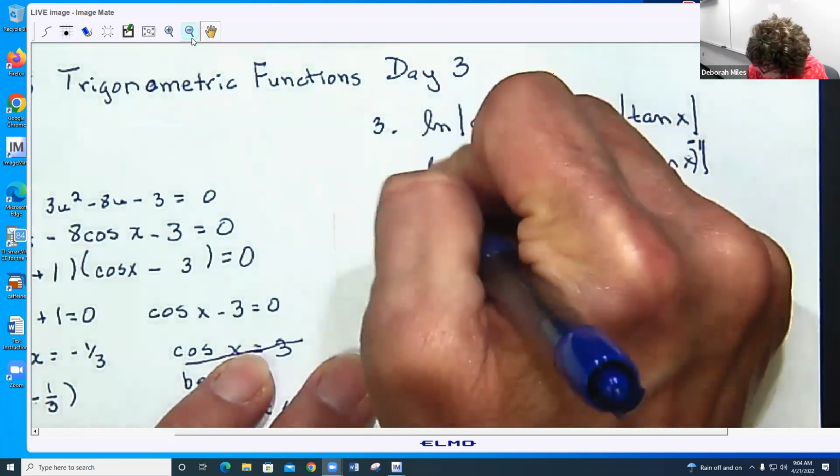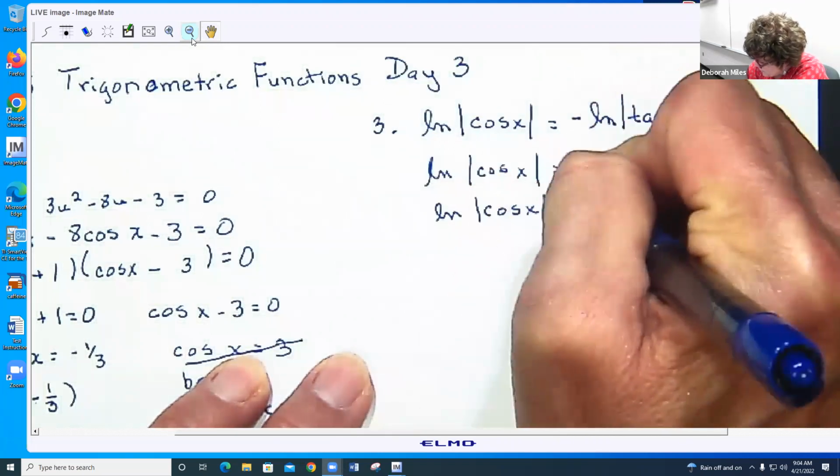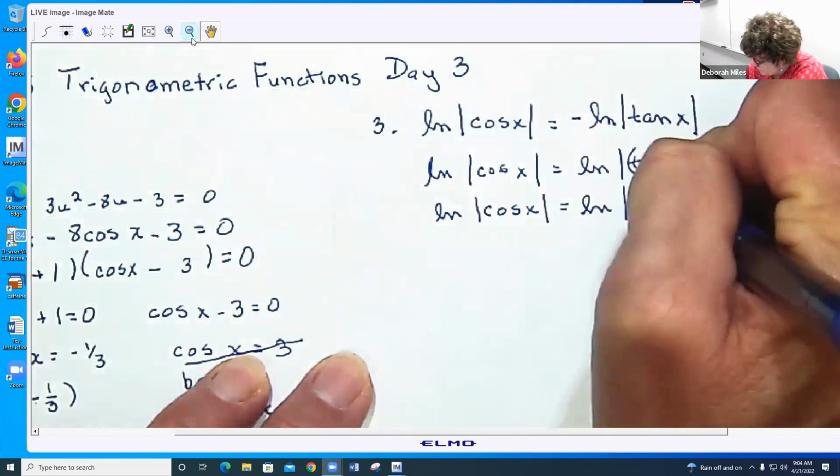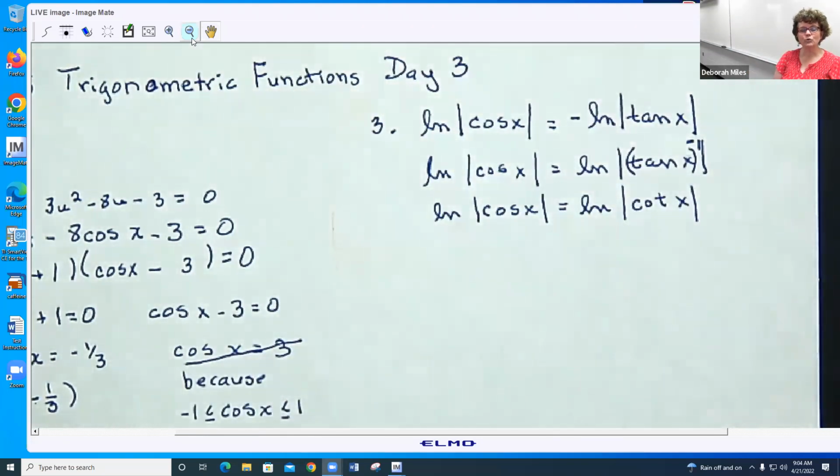So I don't know how many steps you need to write down, but perhaps it would help to say natural log of absolute value of cosine x equals natural log of cotangent x. Now I have both sides being single logarithms, same base, coefficient 1.